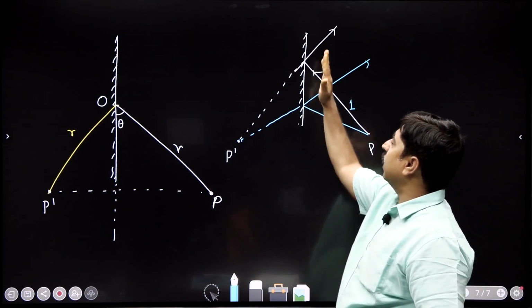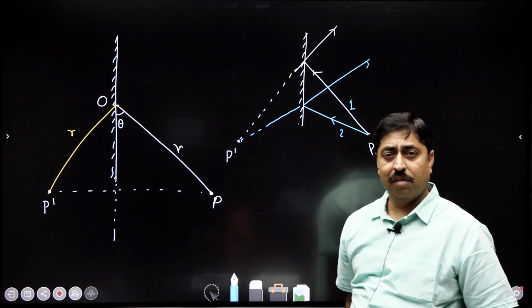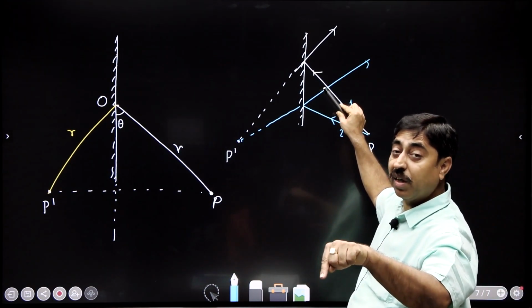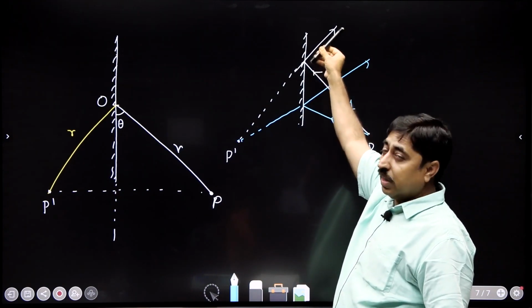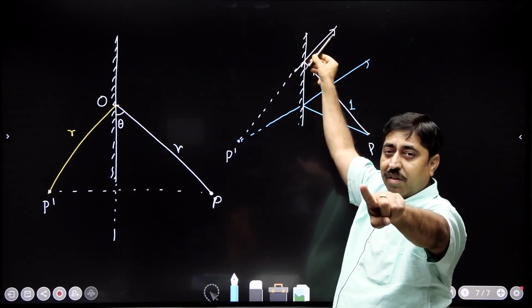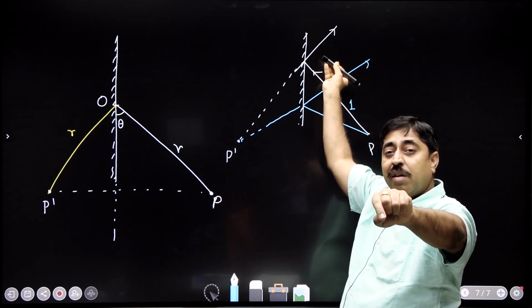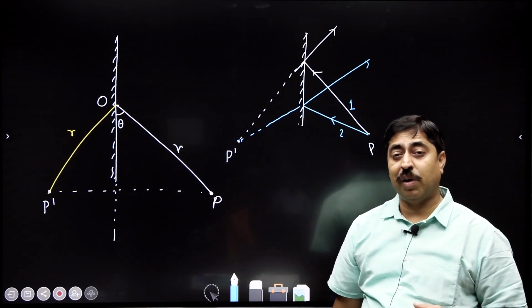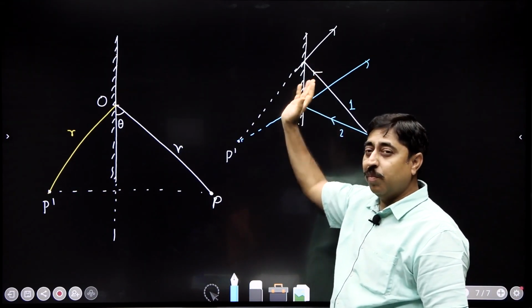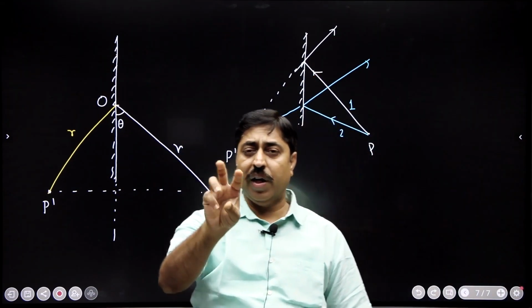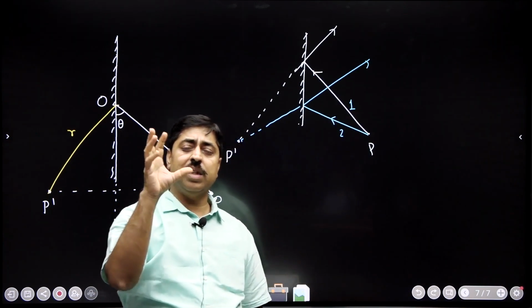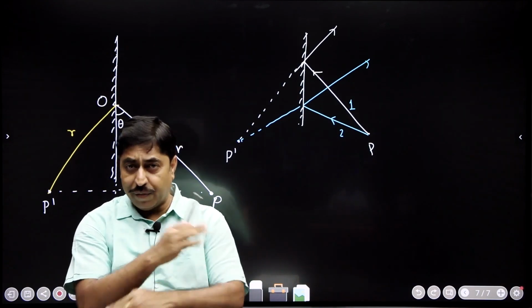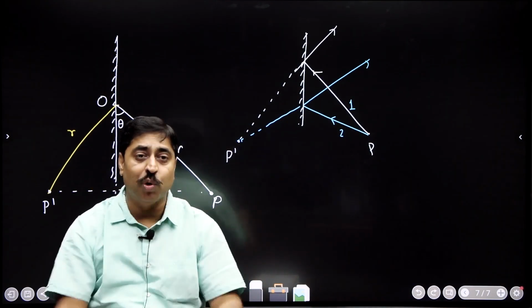That means if I rotate the mirror by 30 degrees, then for each and every ray the angle of incidence will change by 30 degrees, and the reflected ray will get deflected by 60 degrees. When the mirror is rotated by theta, each and every reflected ray will get deviated by 2 theta from its original position.